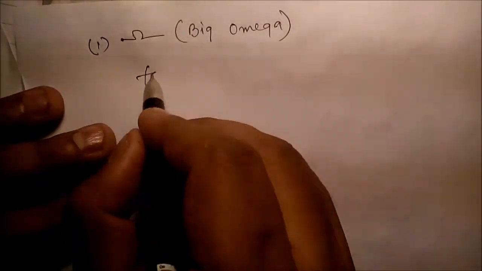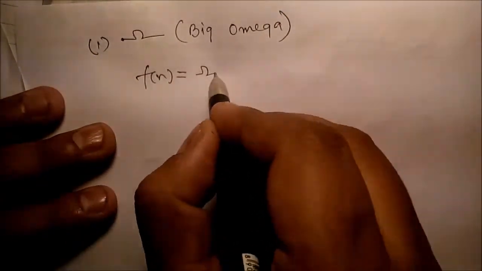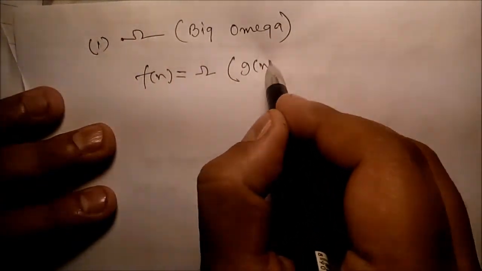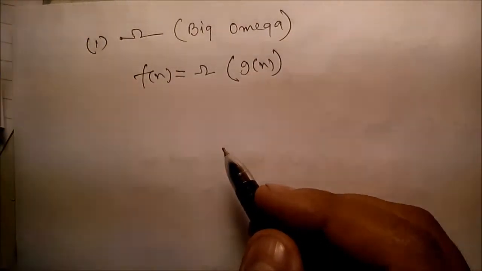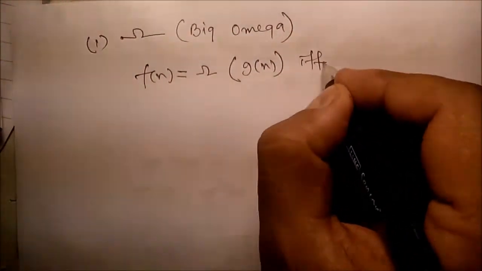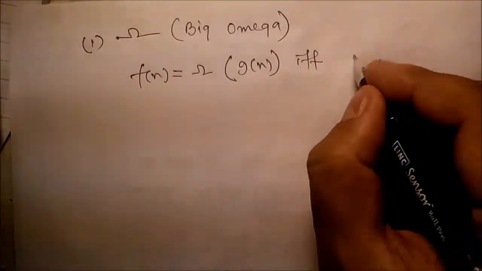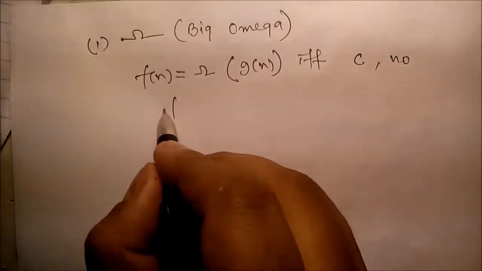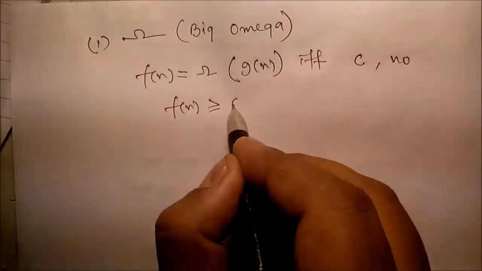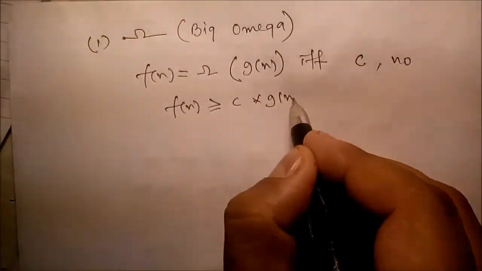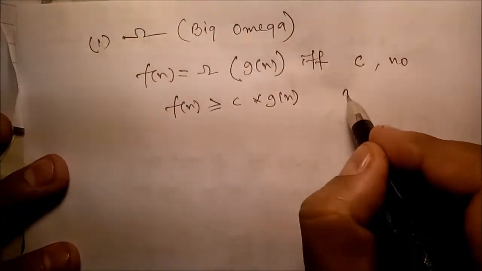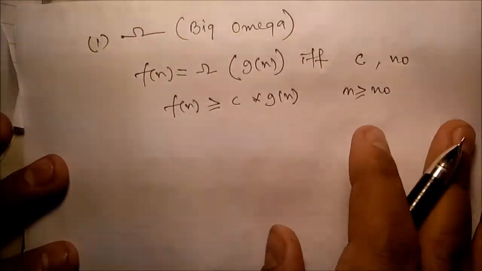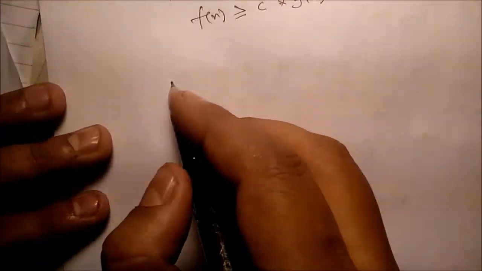The function f(n) = Ω(g(n)) if and only if there exist positive constants c and n0 such that f(n) is greater than or equal to c·g(n) for all n greater than n0.